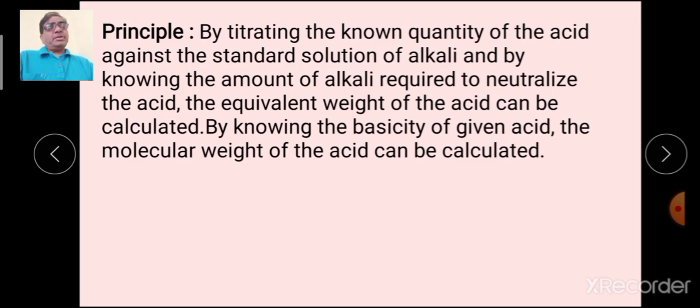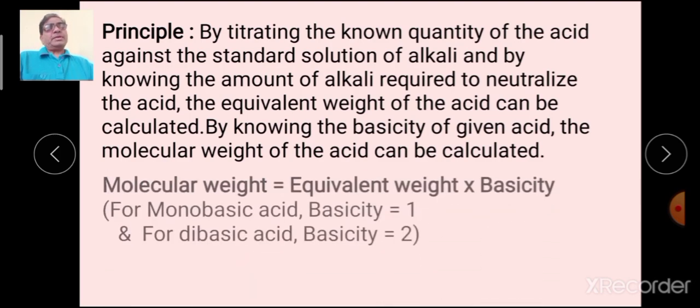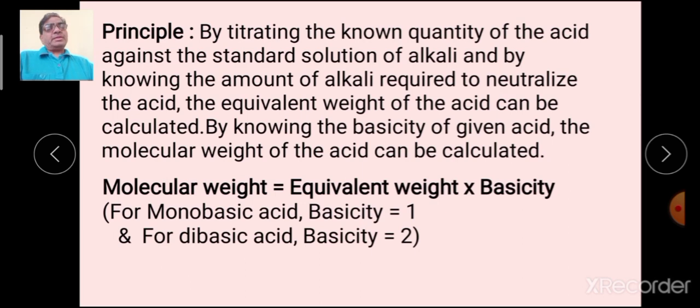And then by knowing the basicity of the given acid, the molecular weight of the acid can be calculated. What is the molecular weight? The molecular weight is equal to equivalent weight into basicity, and basicity for monobasic acid is equal to 1, while for dibasic acid it is 2.